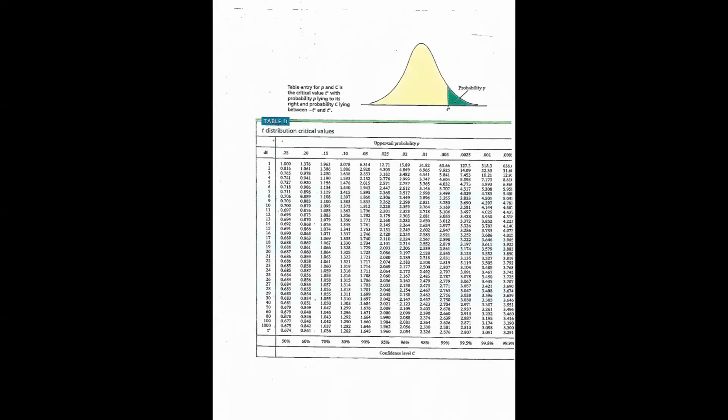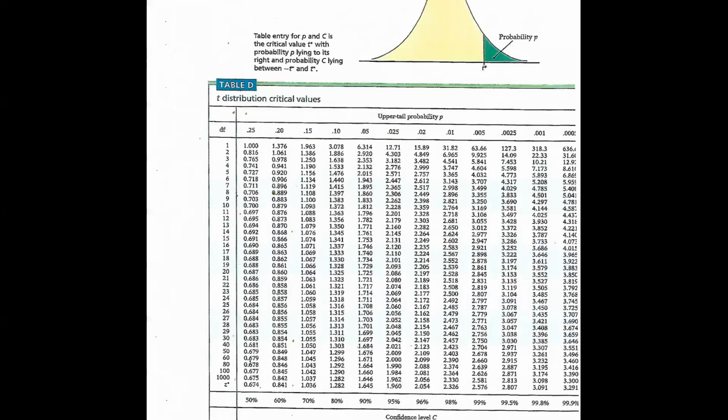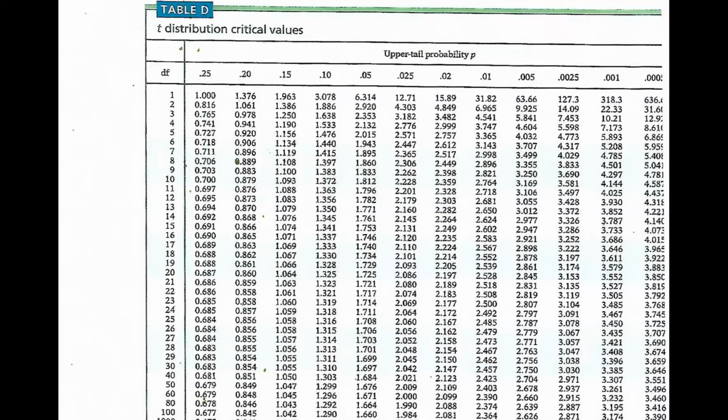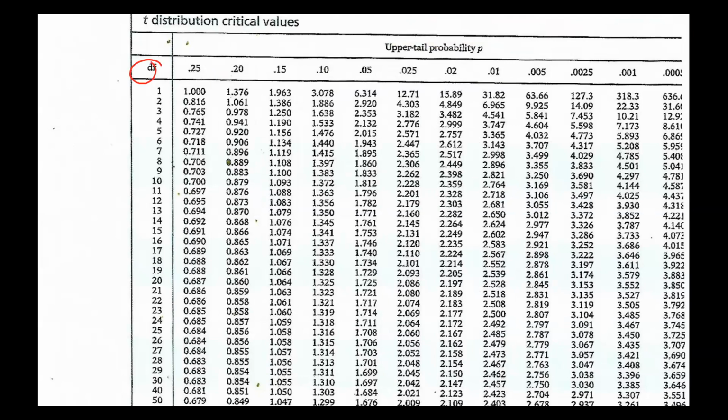Yeah, here is the T distribution. Have you seen it? It is labeled. Have you seen the T distribution table? Yes, I've seen it. So the degrees of freedom are here, DF. You said the degrees of freedom is what?